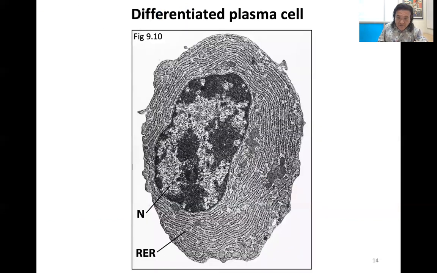So here is a fully differentiated plasma cell. It is a beast of a cell, right? It is really big. And what are all these little wrinkly things inside? That is all rough endoplasmic reticulum, right? Remember, what's the function of rough ER? Rough ER is where the ribosomes go to finish making or finish translating proteins, right?